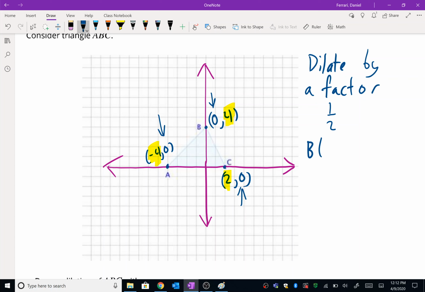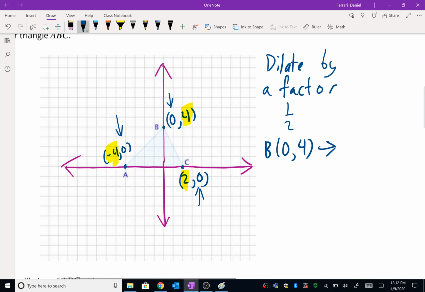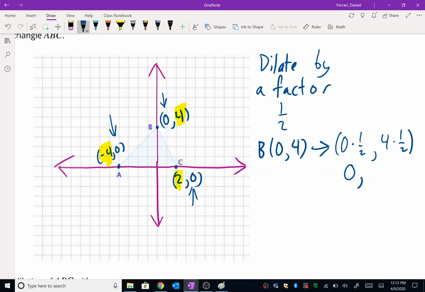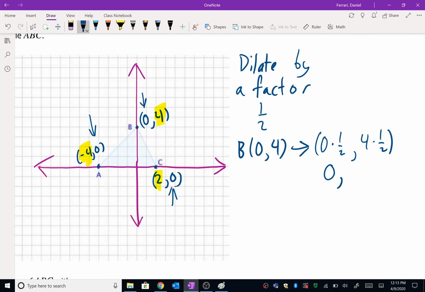So for point B, I take the numbers 0 and 4, and I'm going to multiply them by 1/2. So 0 times 1/2, and 4 times 1/2. Well, remember that 0 times anything is just 0. And 4 times 1/2, well, half of 4 is 2.